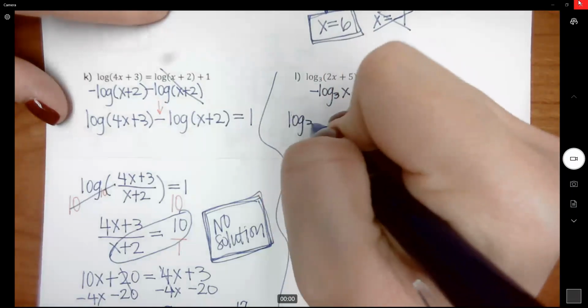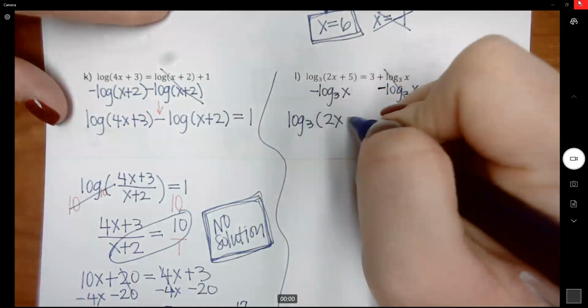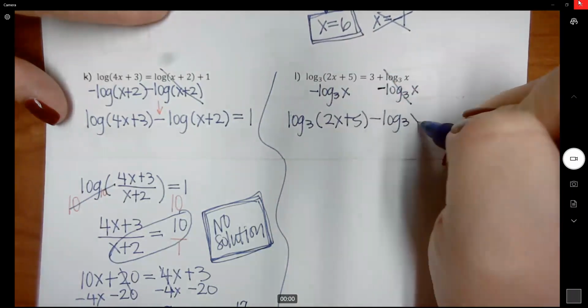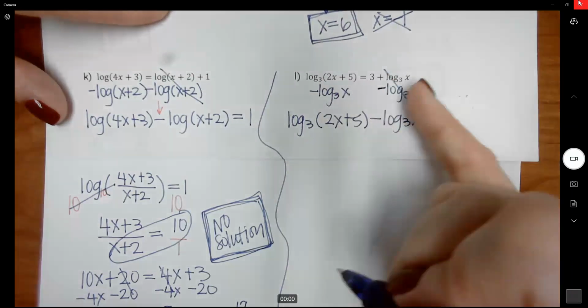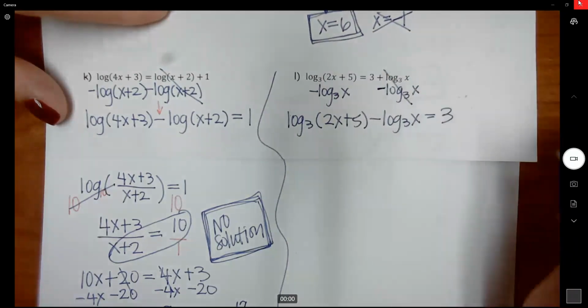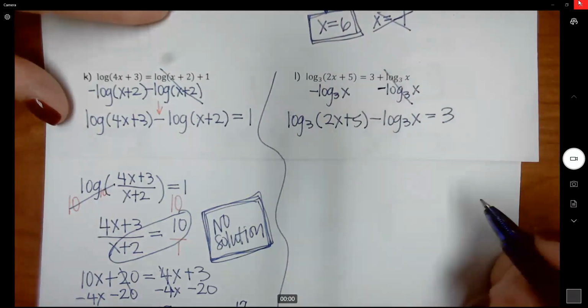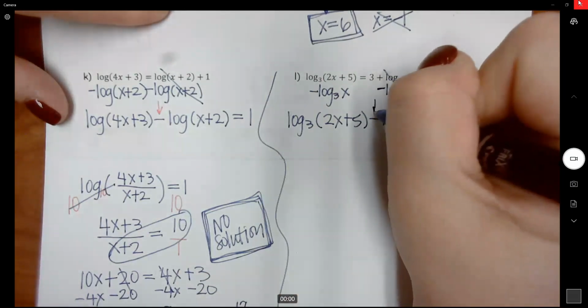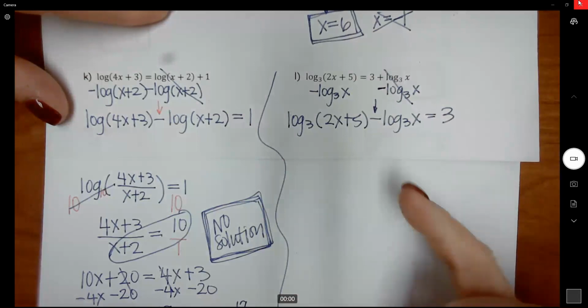You've got log base 3 of 2x minus 5 minus log base 3 of x, and the only thing you have left over here is this 3. Okay, so these are both log base 3s. Because there is a minus between them, we're going to divide.